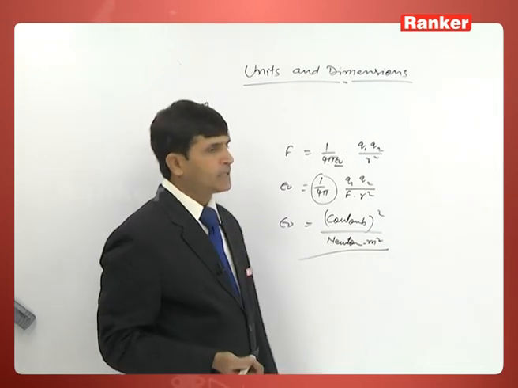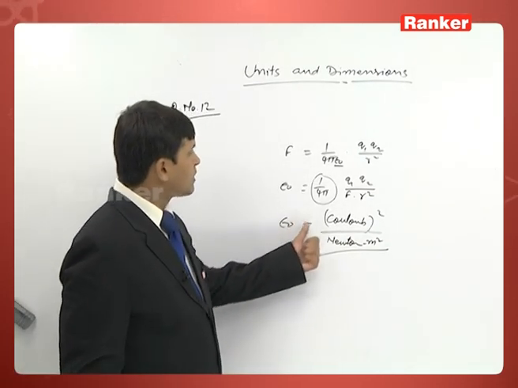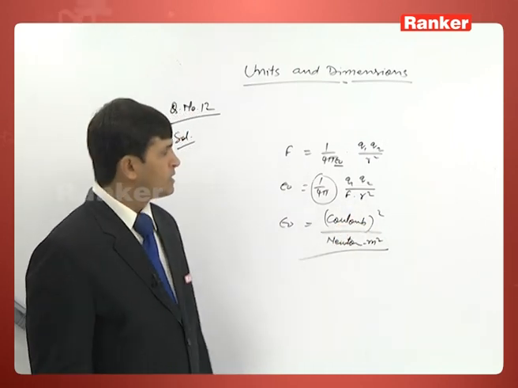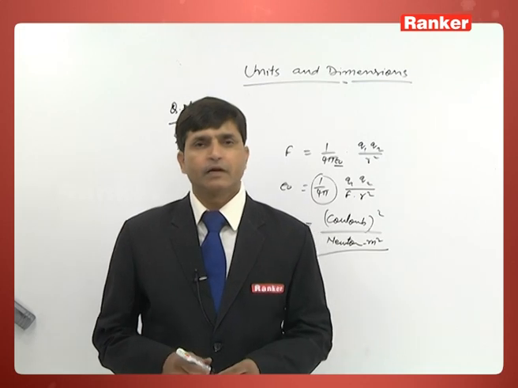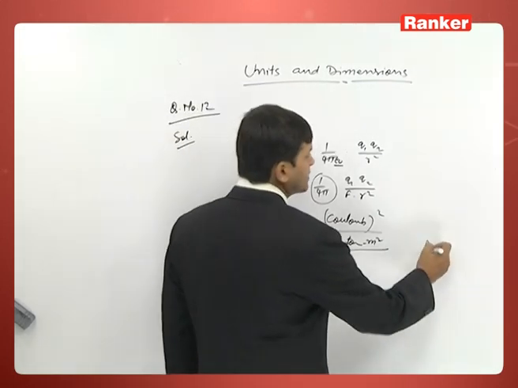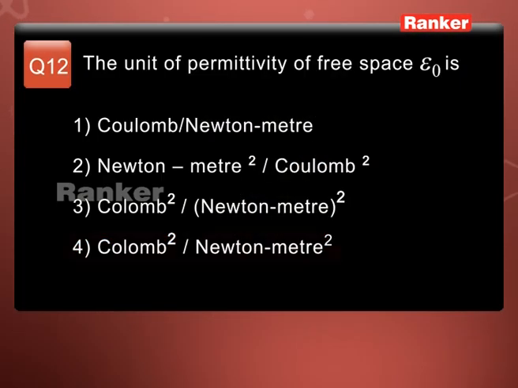This is the epsilon naught unit. So the unit of epsilon naught is Coulomb square by Newton meter square. As per the given options, option number 4 is the correct option. So we can write that answer 4 is the correct answer.